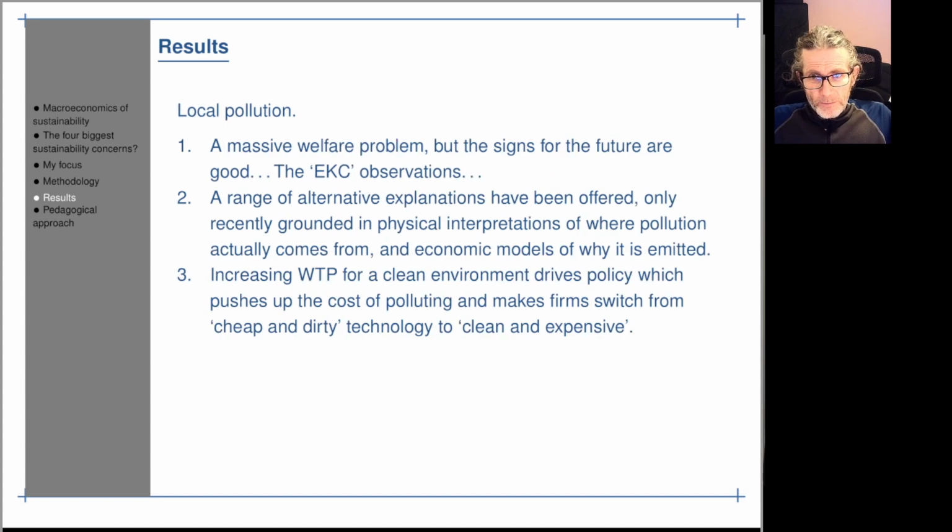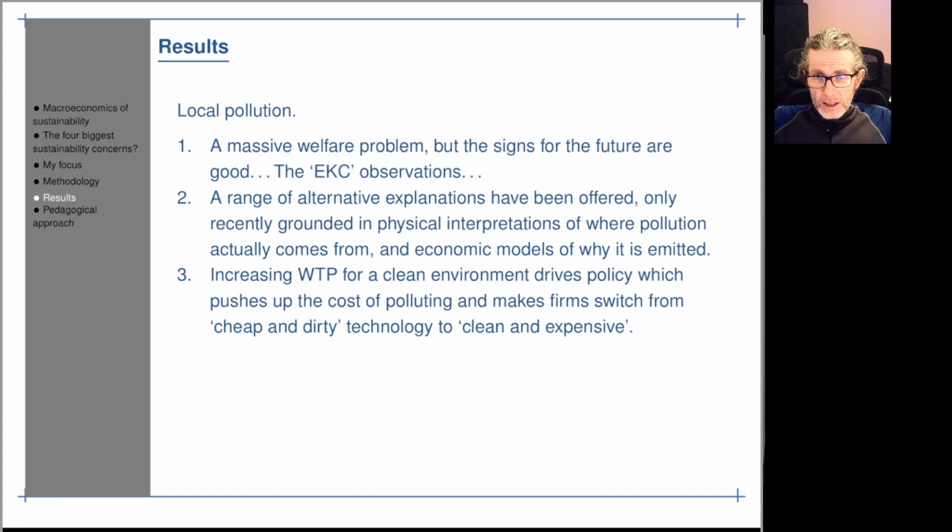Local pollution, a massive welfare problem, but signs for the future are good. In the richer countries, local pollution has fallen drastically and continues to fall, and we have every reason to expect to see the same thing in low-income countries as they start to get richer. A bunch of explanations for those observations have been offered, and they're only recently grounded in models with physical interpretations.